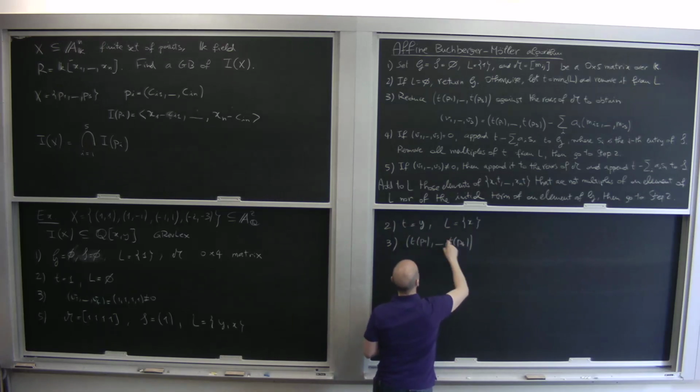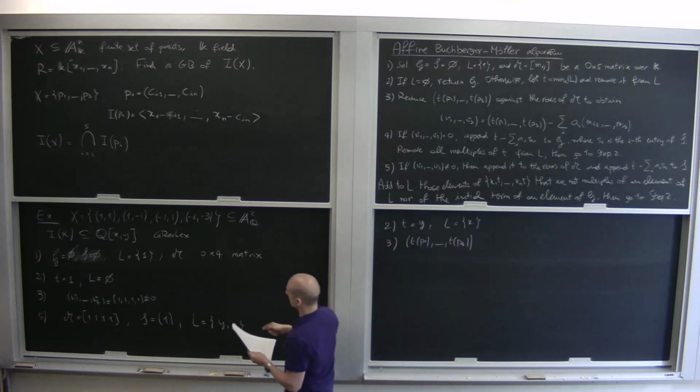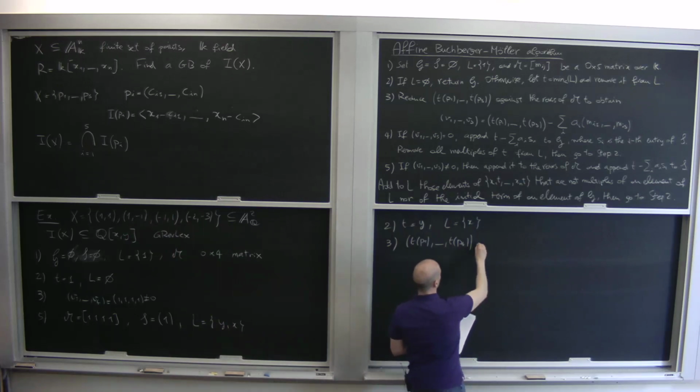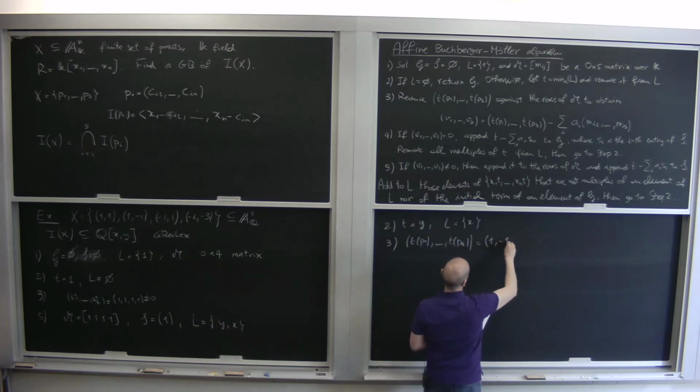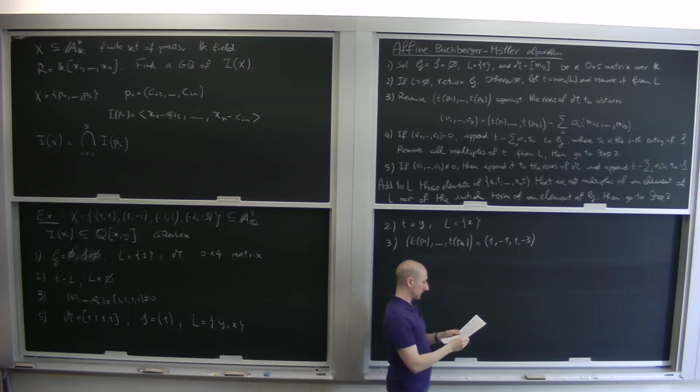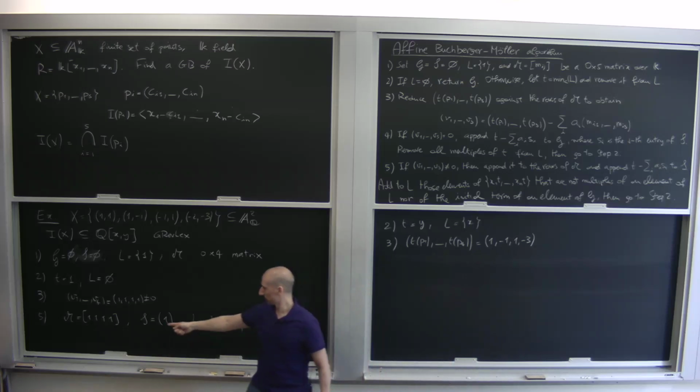Now the monomial is y, which means we take the y coordinates. So it's going to be 1, minus 1, 1, and minus 3. And this is the vector that we have to reduce against this matrix over here.